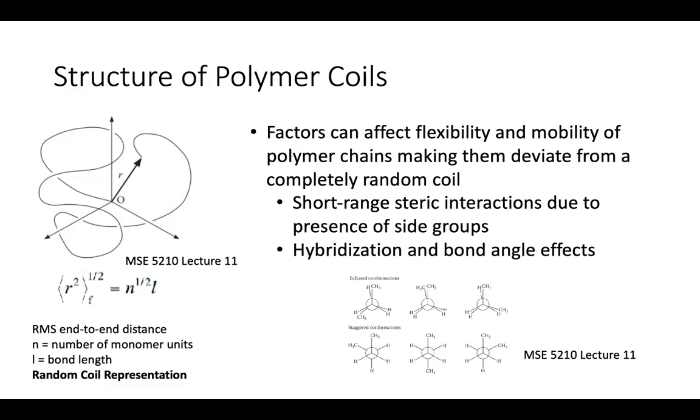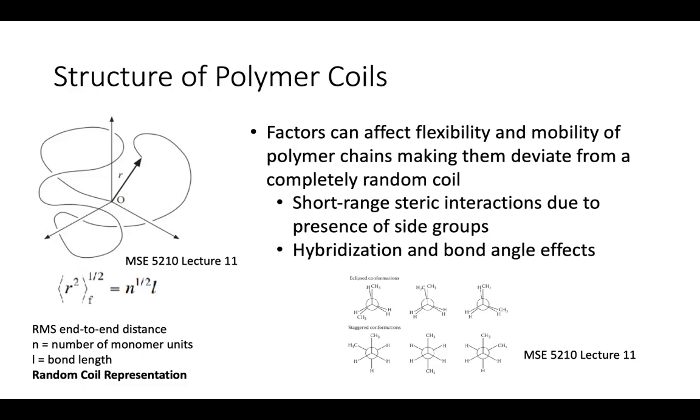And we have a formula: <R^2>^(1/2) = n^(1/2) L, where n is the number of monomer units, this is lowercase n, and L is the bond length. This is a random coil representation.